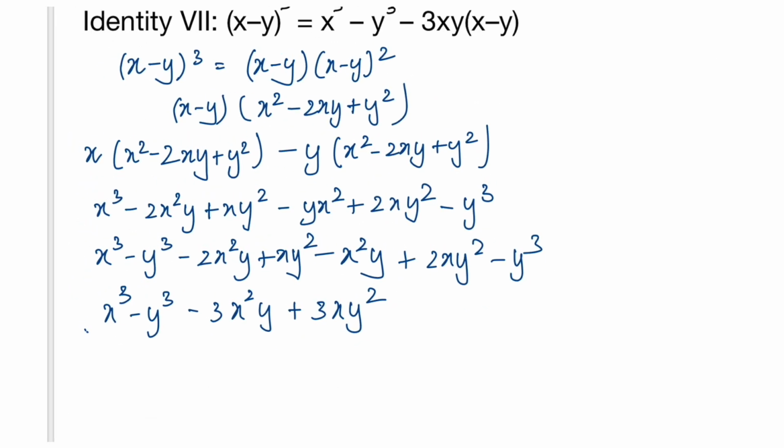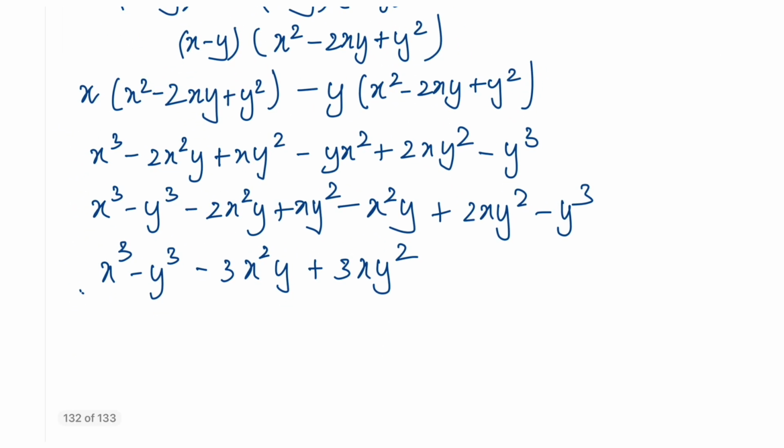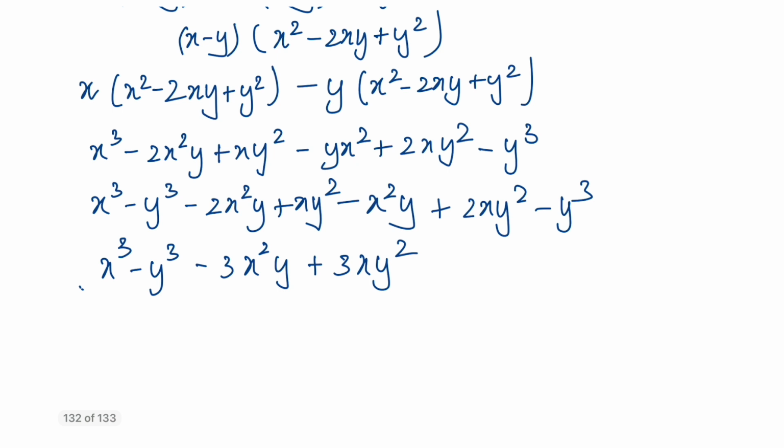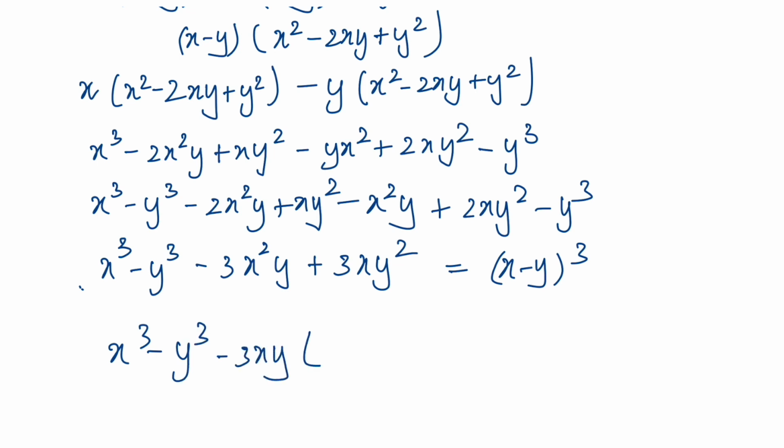Okay, so that is all the terms that we have here, and this in itself is the identity. You can write it as x minus y the whole cube. That is right as well, but for you to be remembering it easily, you can take minus 3xy as a common factor, and that leaves you with x minus y.